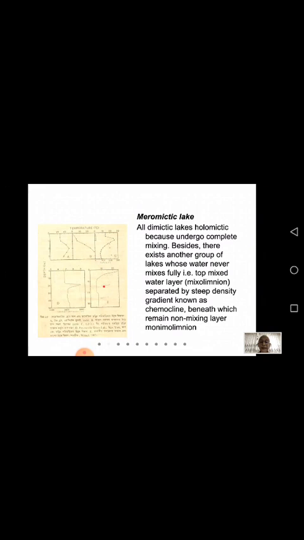So this type of lakes, that is, the water will mix only from this place to that place. But under this region, there will be no mixing. That is this part. So you can easily understand that a huge volume of water remains unproductive because the water does not mix, the nutrients are not evenly distributed, and that's why they show very less productivity only in the upper zone.